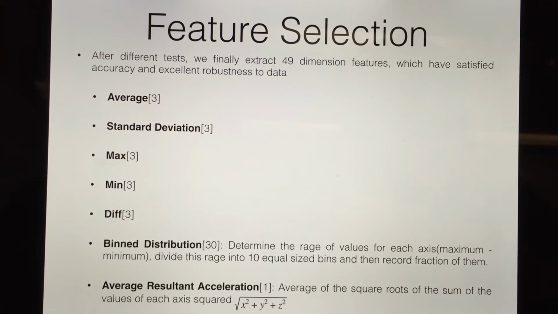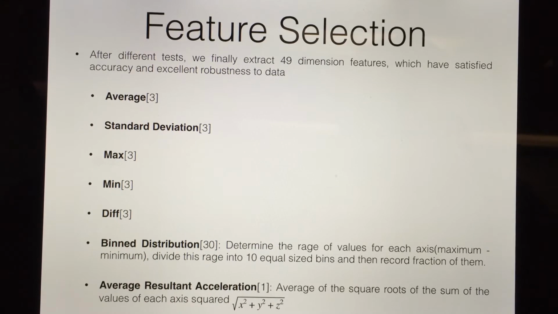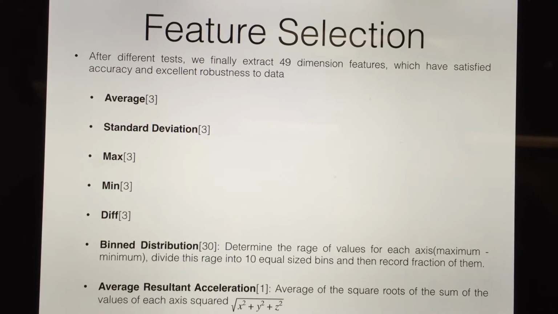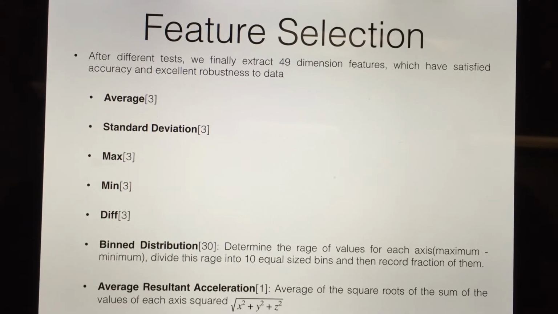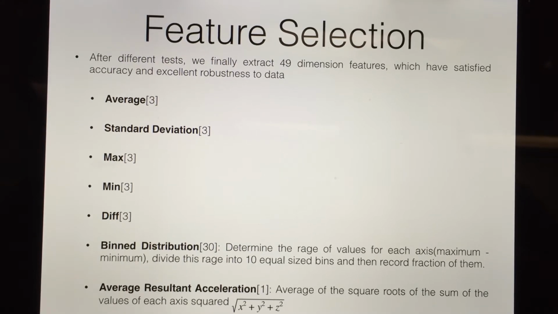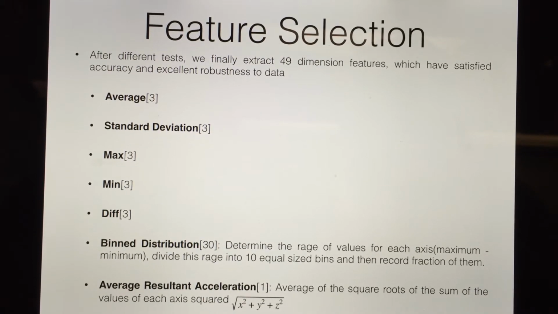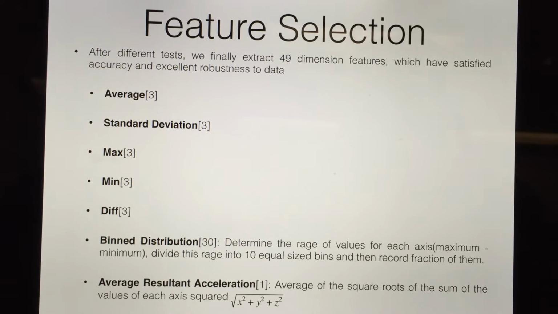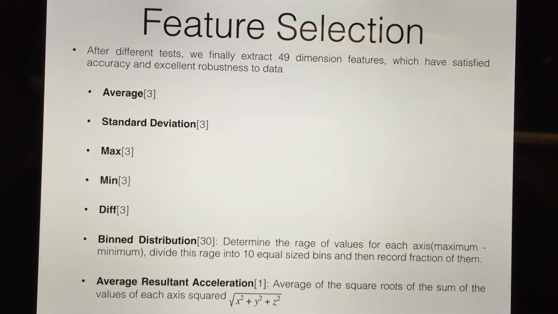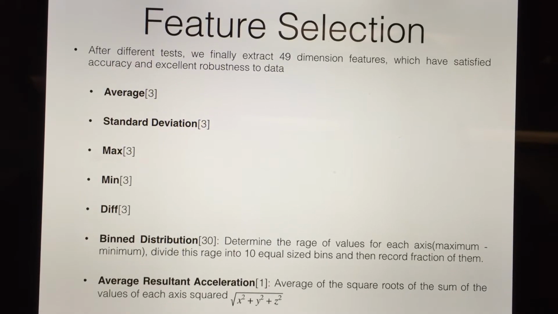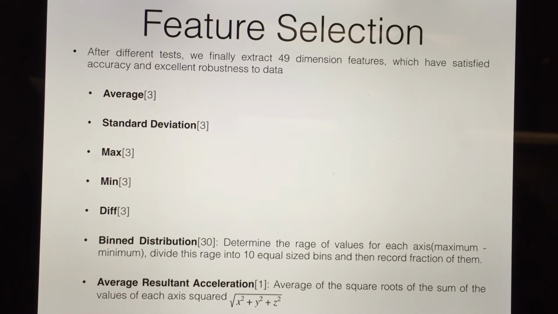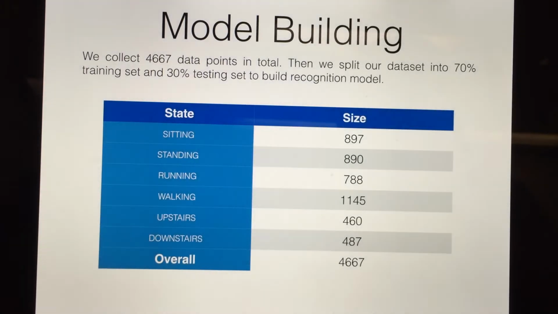They are the average, standard deviation, max value, mean value, difference between each reading, band distribution, and the average result and acceleration. They really represent the time domain data, and we select them for our later machine learning algorithm.